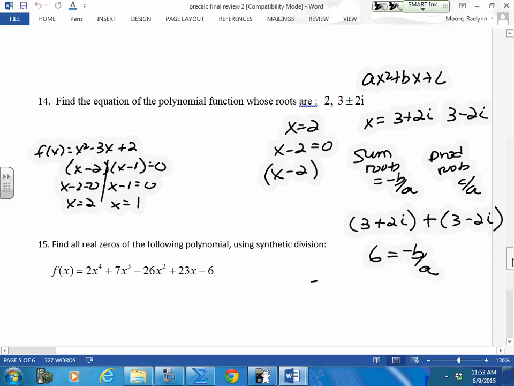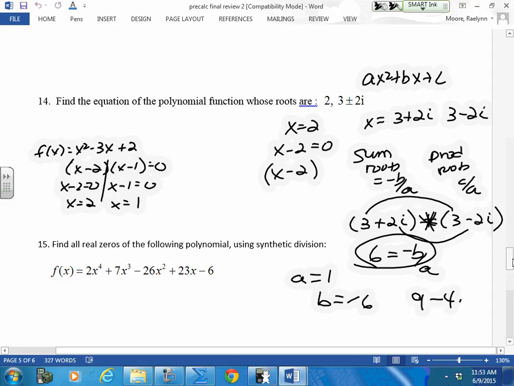We're going to let a equal 1. Therefore, what's b equal to? Negative 6. Good job. Now, we're going to pull this down and we're going to multiply. Let your calculator multiply. They're perfect squares. They're the first term and they're the last term. What's i squared? Anybody remember? Negative 1.